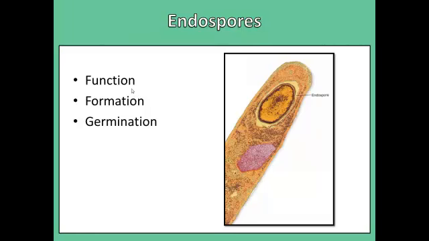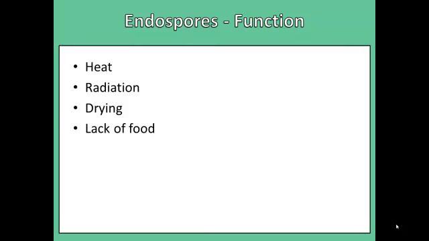On to endospores. We're going to discuss their function, formation, and germination. Endospores help bacteria survive extreme conditions, such as extremes of heat, radiation, drying, lack of food, and so on. They are one of the most resistant forms of life. Bacteria that produce endospores have a 2-stage life cycle.